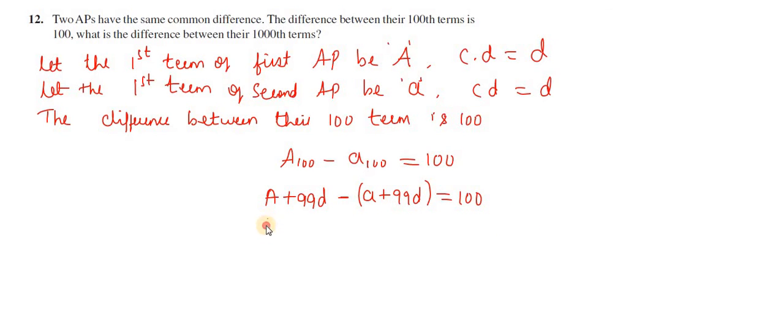Now simplify this: A plus 99d minus a minus 99d is equal to 100. Here plus 99d and minus 99d get cancelled, so A minus a is equal to 100.